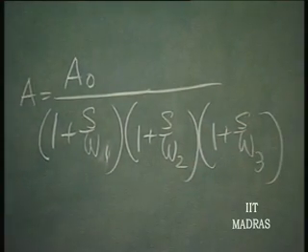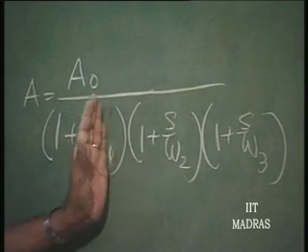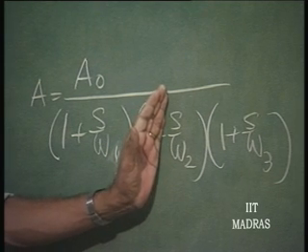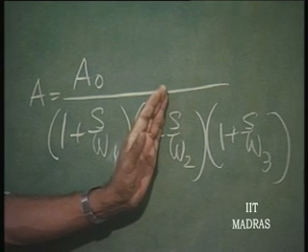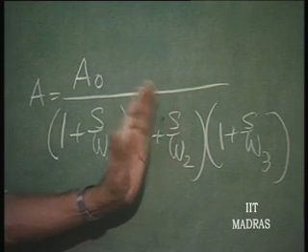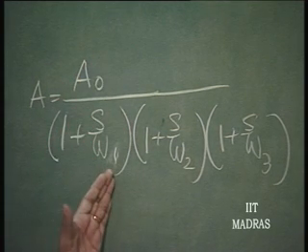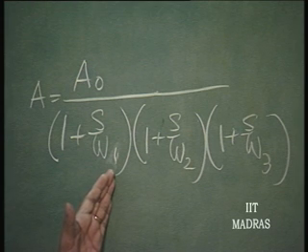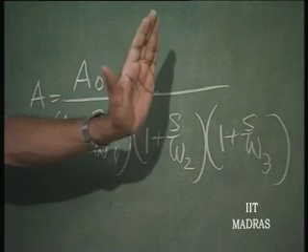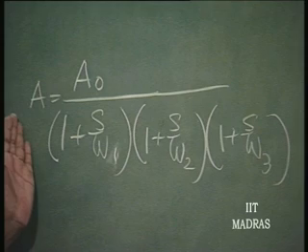Now, let us consider what happens. First we said A is equal to A naught, there was no problem with negative feedback. Now, A is equal to A naught by 1 plus S by omega 1. The phase shift of A can go at most to 90 degrees from 0 when it is first order.